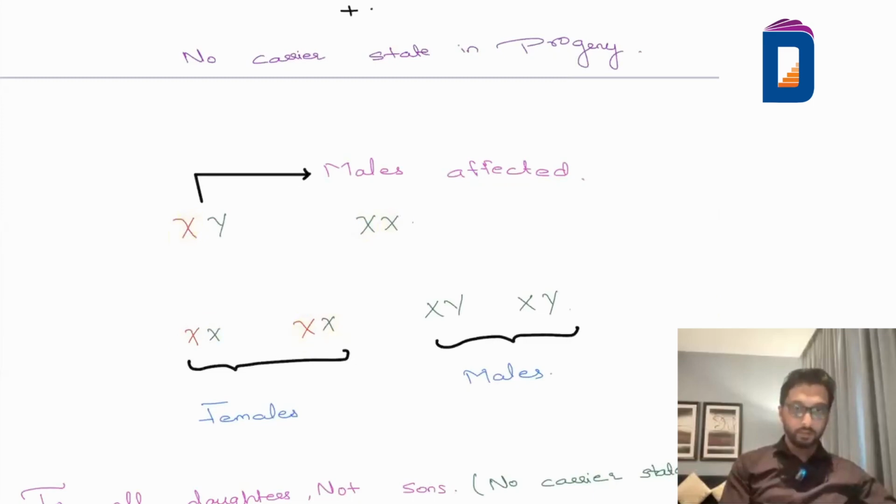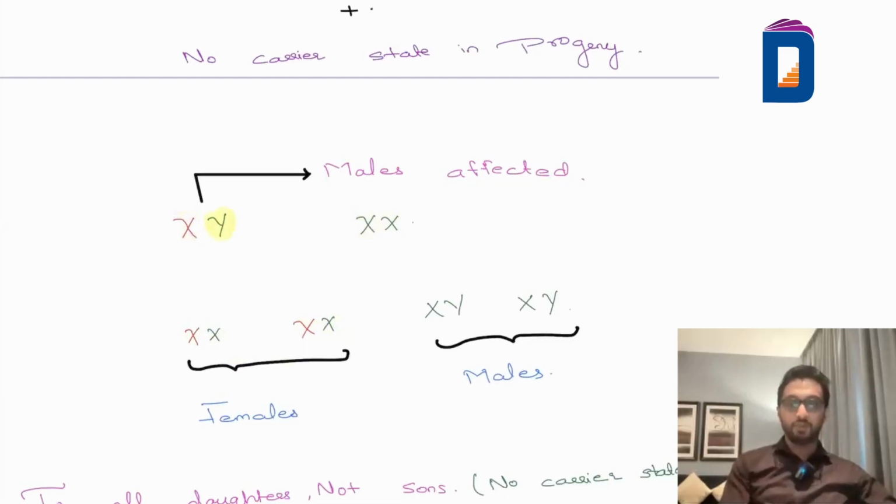So both are females, and both are affected, because both females are getting the diseased father's X chromosome and the normal mother's X. This is very important. On the other side, that is where the partiality is happening.